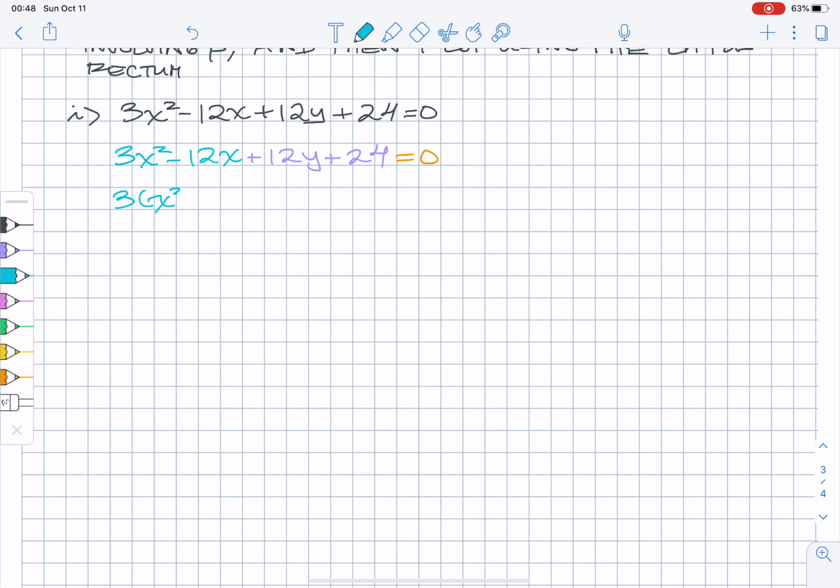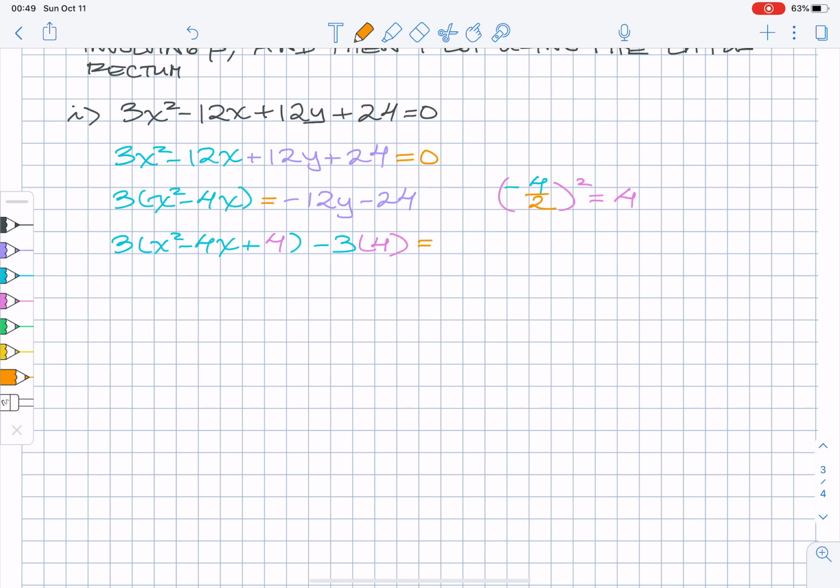So we have 3 times the quantity x squared minus 4x, is equal to, now let's subtract, minus 12y minus 24. And while I'm here, I can take negative 4 divided by 2 and square the result. So I'm going to add 4 inside the parenthetical. So we have 3 times the quantity x squared minus 4x plus 4. But whatever I add, I have to subtract right out. So minus 3 times 4.